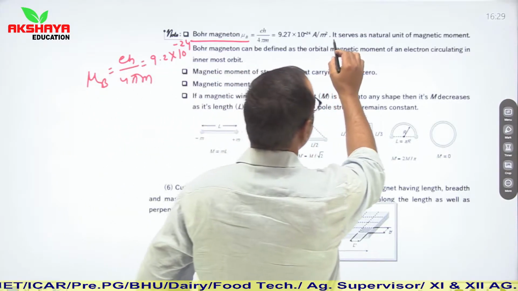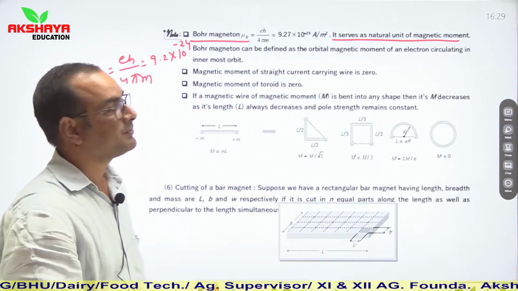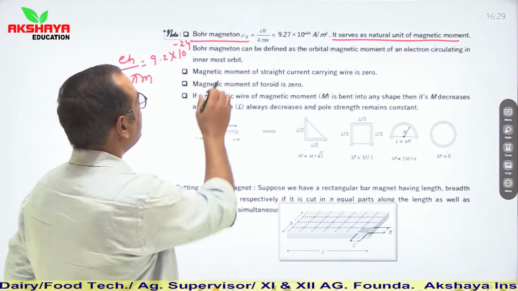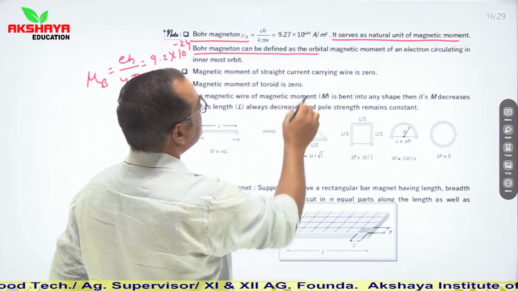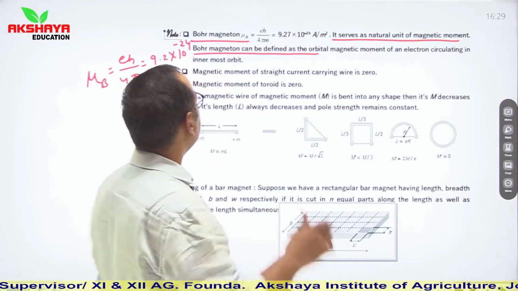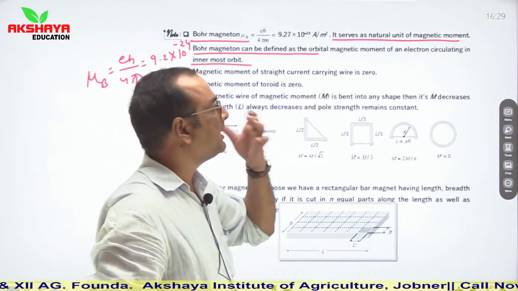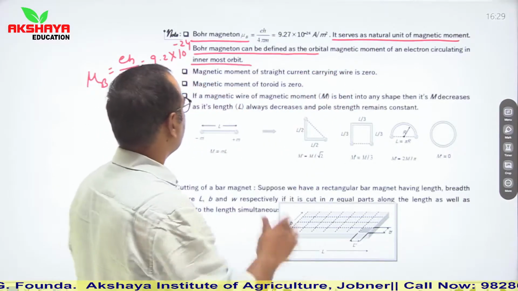So it serves as the natural unit of magnetic moment. Bohr magneton can be defined as the orbital magnetic moment of an electron circulating in the innermost orbit.